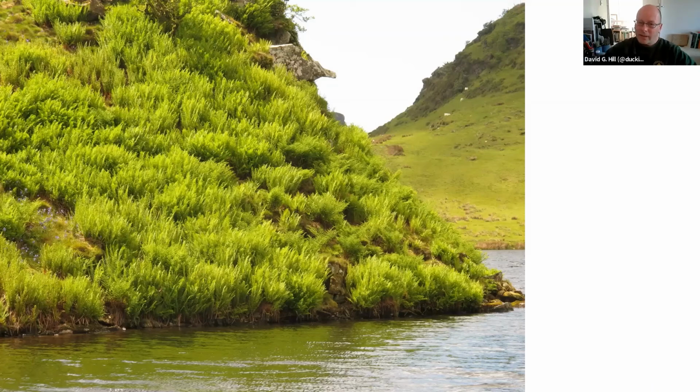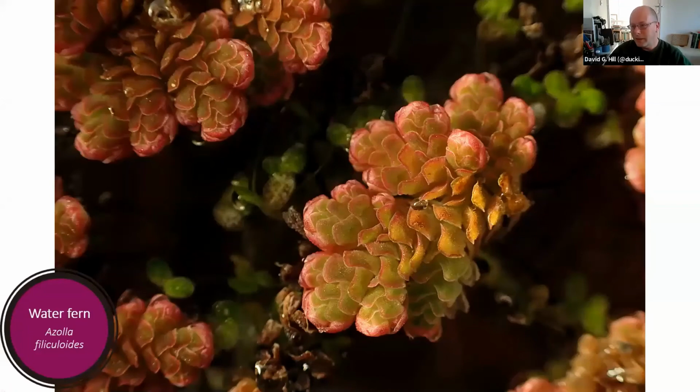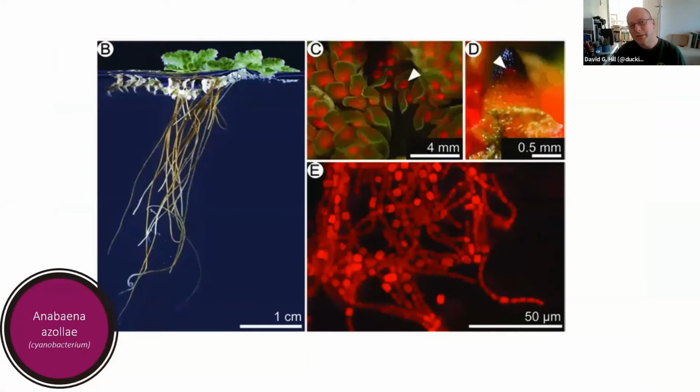We have, as humans, moved ferns. Bracken is one example. It's a real problem in New Zealand. This is another one that we've moved around. This is water fern, which is Azolla filiculoides. You can find this in watercourses in Wales and throughout the UK. Luckily, it is now treatable. Tiny little aquatic fern, just to show you, tends to float on the water surface, and then you get these roots hanging down into the water.